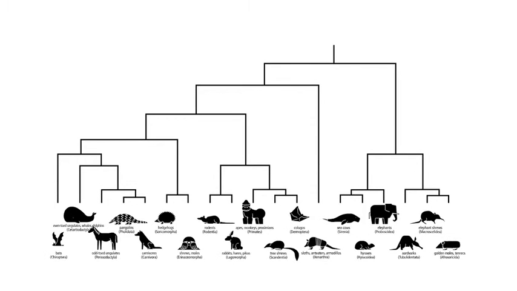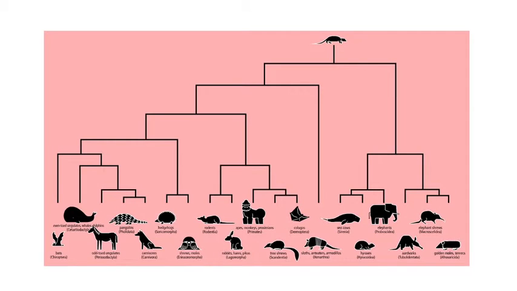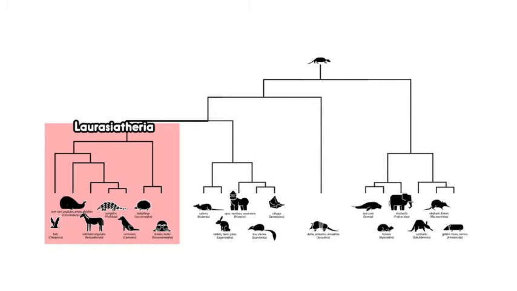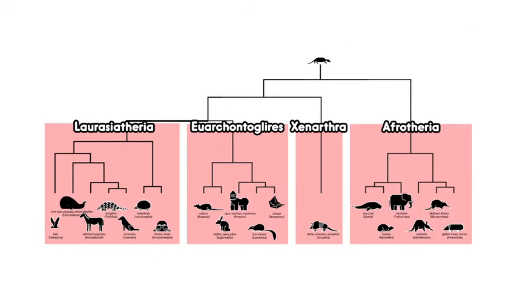For instance, consider the evolutionary tree of eutherian mammals. All eutherians share a common ancestor. Because all eutherians share a common ancestor, the entire eutherian tree represents a clade. Clades can be nested within each other. The major branches on this tree also define clades.